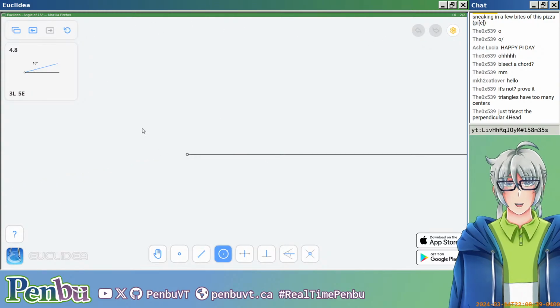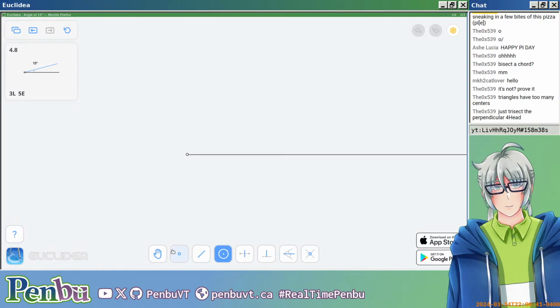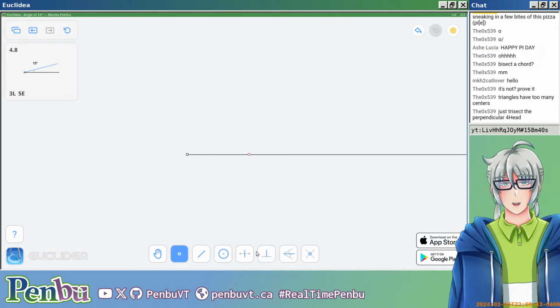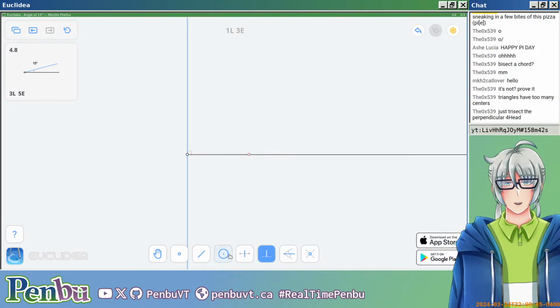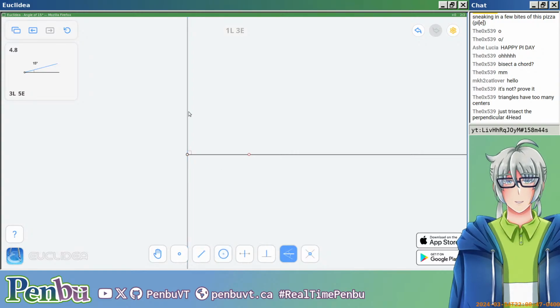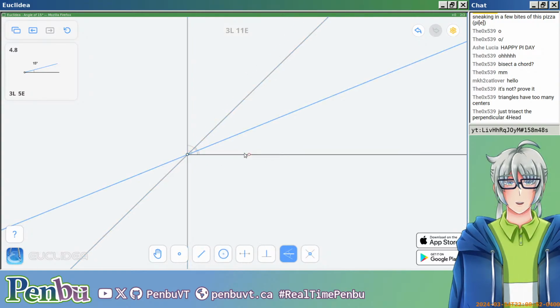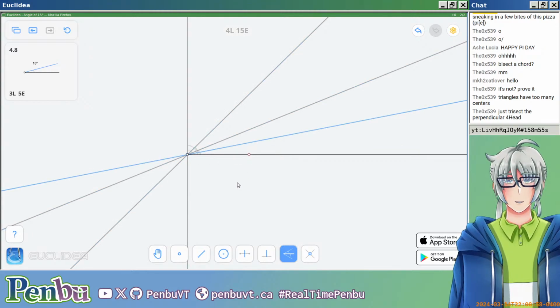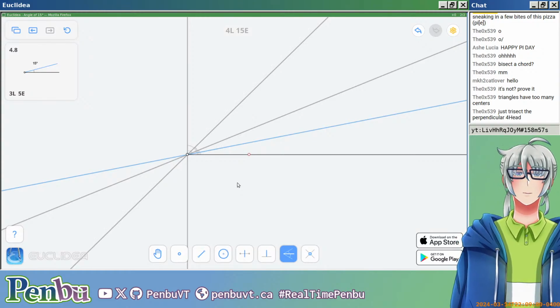And I think I messed up my bisectors. I'm going to generate a point here. So drop the perpendicular, bisect, bisect, and bisect again. I'm doing my math right here. Oh wait, no, this is wrong.